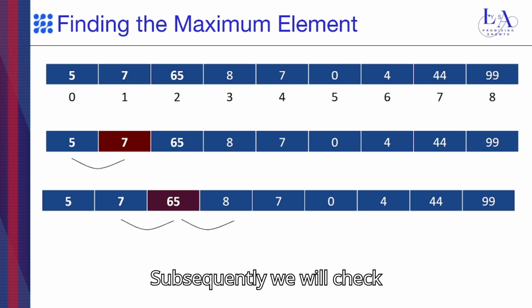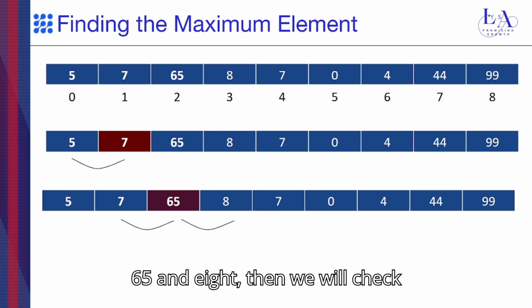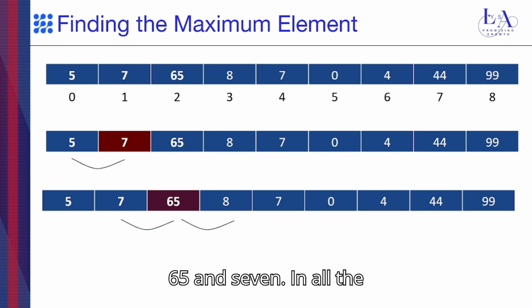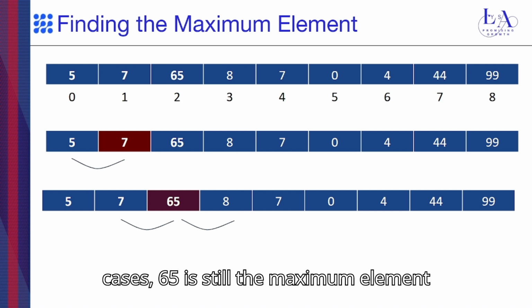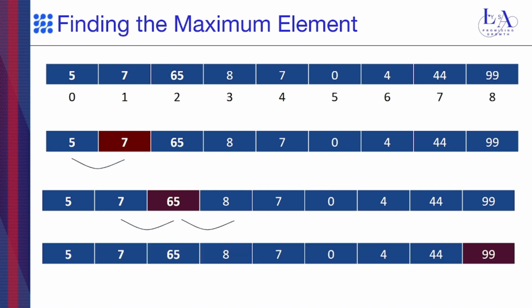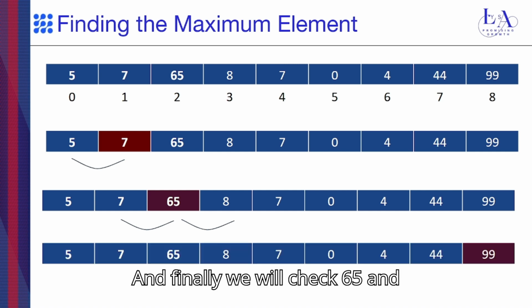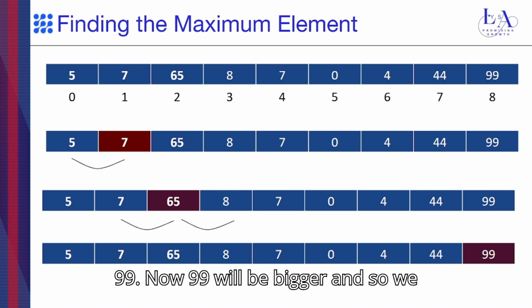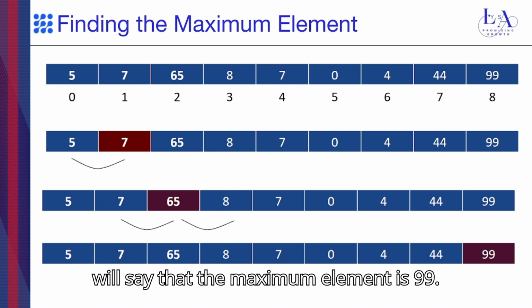Subsequently, we will check 65 and 8, then we will check 65 and 7. In all the cases, 65 is still the maximum element and so we will keep saying that the maximum element is 65. And finally, we will check 65 and 99. Now 99 will be bigger and so we will say that the maximum element is 99.